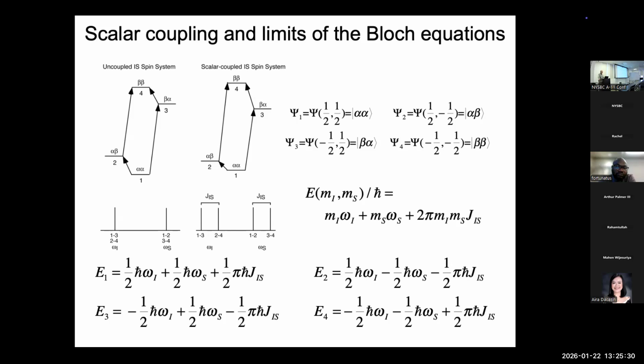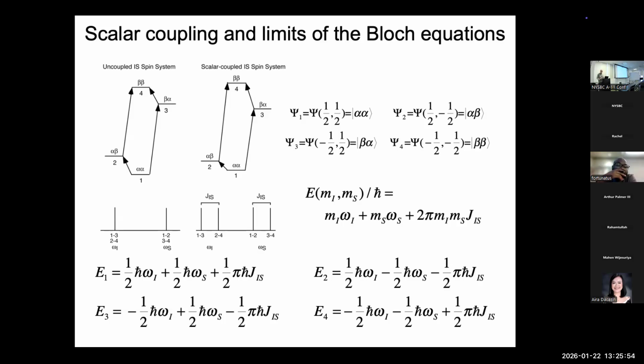But the coupling between the amide hydrogen and the alpha hydrogen depends on the dihedral angle, but maximally it gets to be about 12 hertz. So more or less an order of magnitude smaller because of the relay through the multiple bonds.